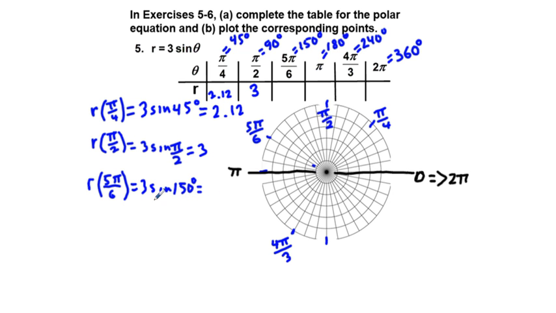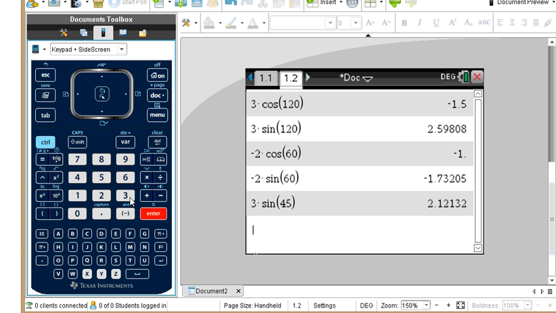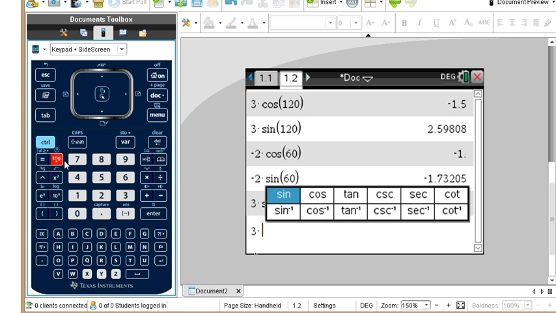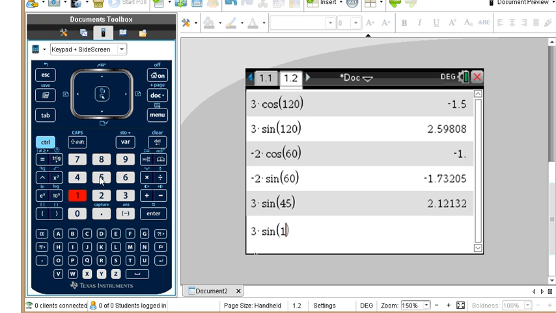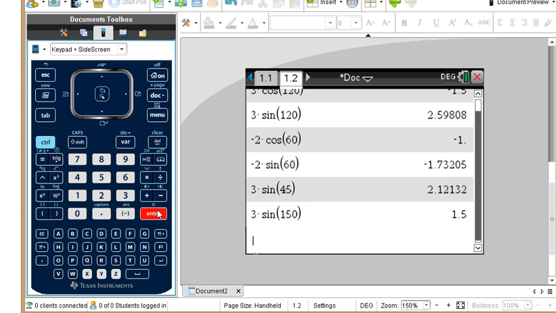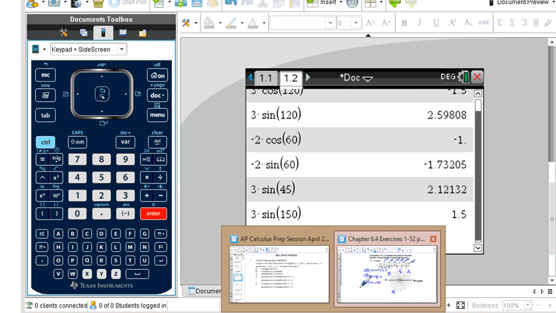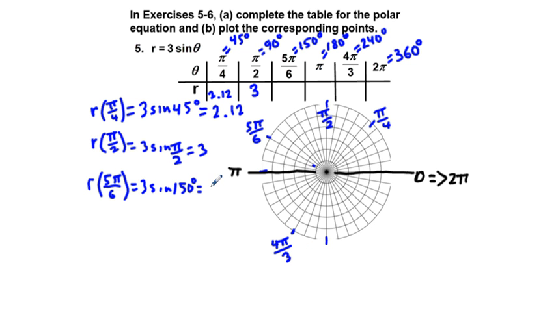And that's going to be equal to 3 times 1/2, I believe, but we'll just put it in here anyway. 3 times sine 150 degrees should get 1.5, 3 over 2. So I'll just put 1.5 here.